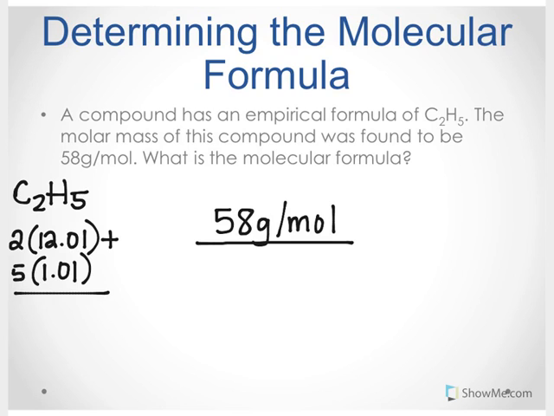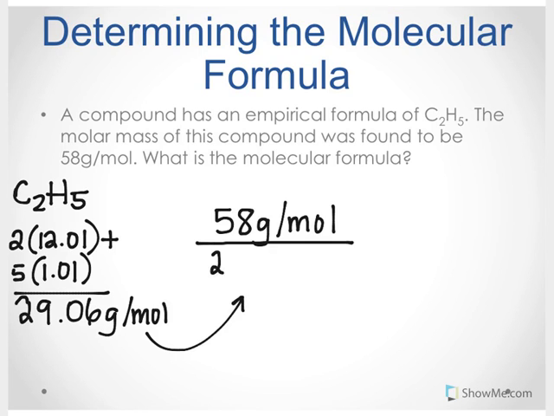And what you end up getting is a value of 29.06 grams per mole, we'll say. Okay, this is the mass of the empirical formula, so we'll just move it over here, 29.06 grams per mole. And when you divide these two values, you get a value of 1.99.